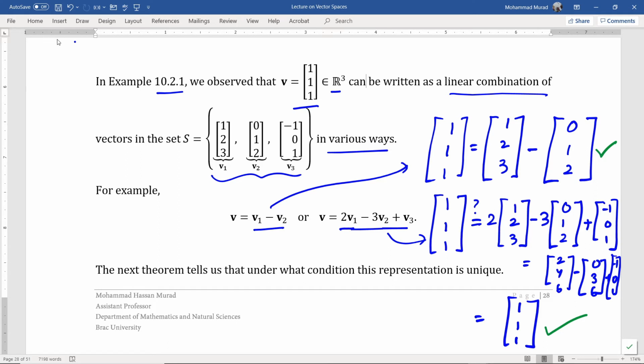The next theorem tells us under what condition this representation is unique.